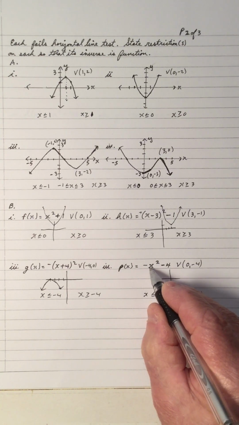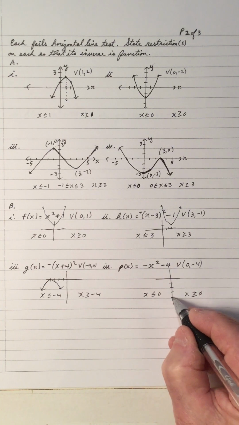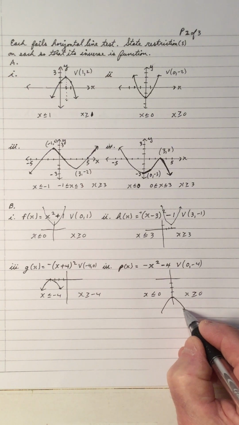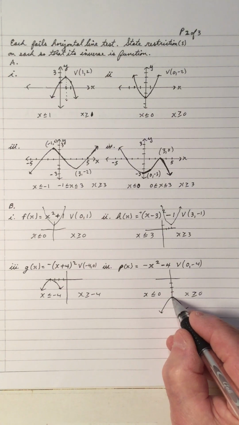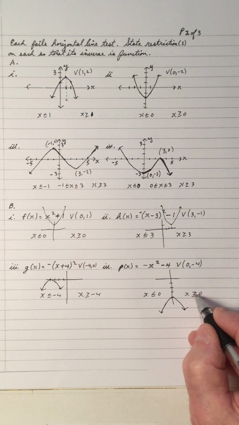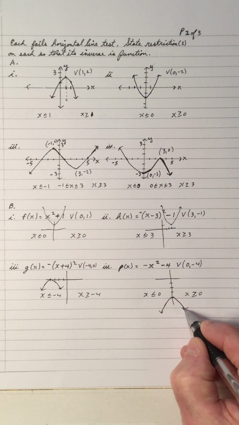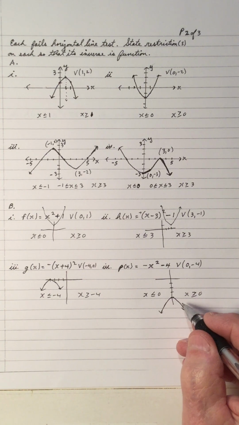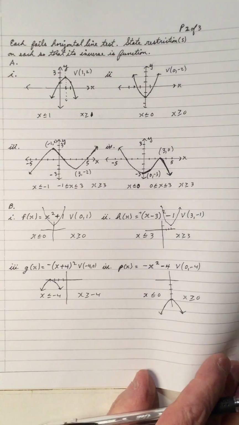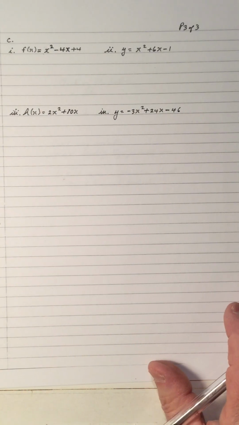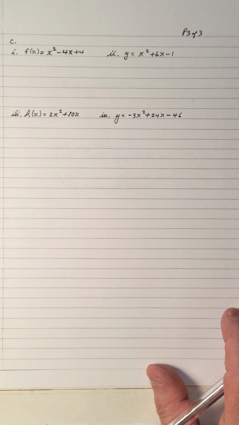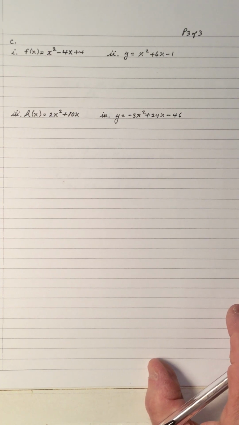And there's the vertex, and because that's negative, it's opening down. So x is less than or equal to 0 is the left side, and x is greater than or equal to 0 is the right side, because the axis of symmetry makes it symmetrical. Okay, hope you understand how to find the restrictions on the parabola to make the inverse a function.